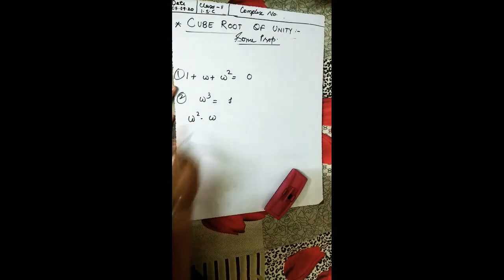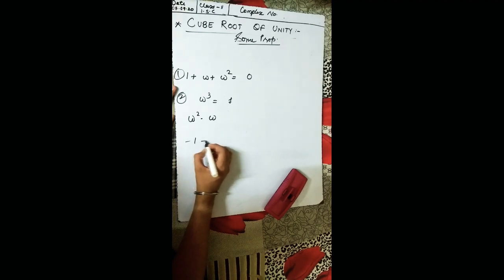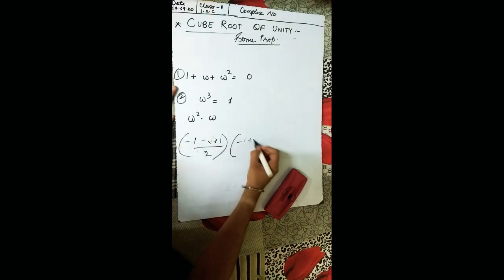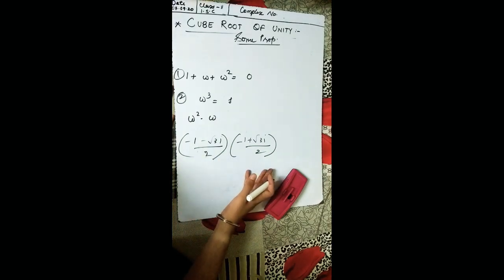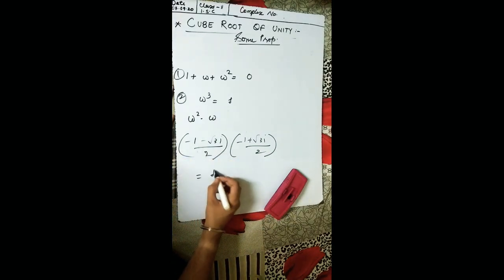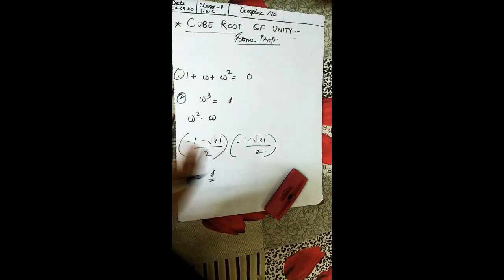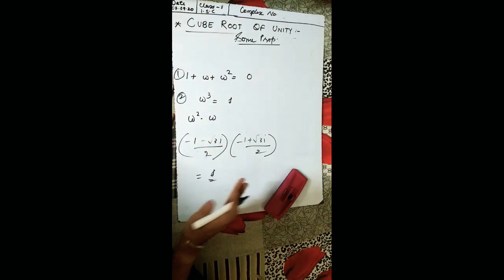Okay, so omega square you already know. What is that? This one. And omega is this. Now use the a plus b, a minus b identity, or do whatever you want to do. Get 1 as an answer. This is your duty. Okay, so these two properties you have to keep in mind.